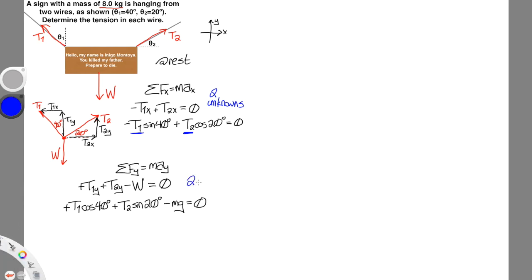Again, we have two unknowns, but we have these same two unknowns. We know all of our angles, we know m, we know g. So if we have two equations and two unknowns, that means we can solve for both variables with a system of equations.